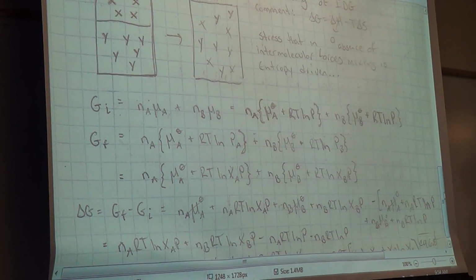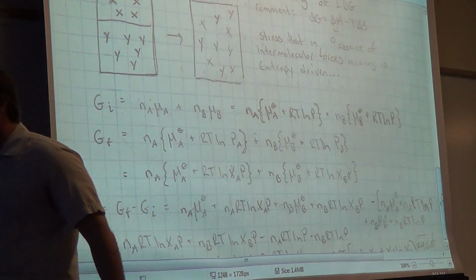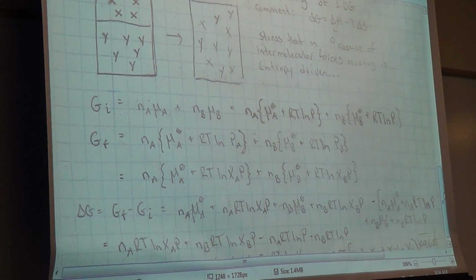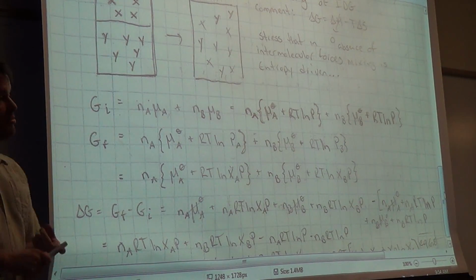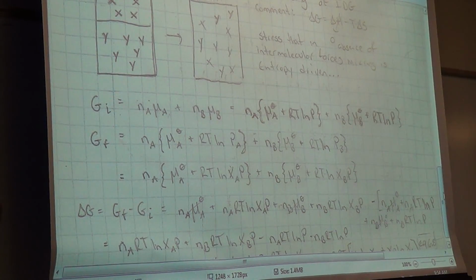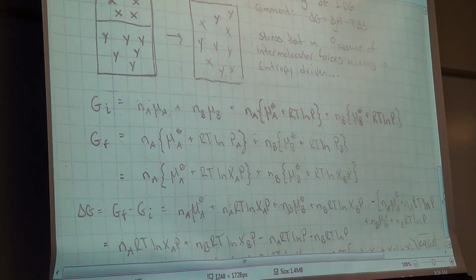We're going to find that for most of the problems that we're looking at, the Gibbs free energy of mixing is negative, and that this applies to both the mixing of gases and the mixing of solutions.